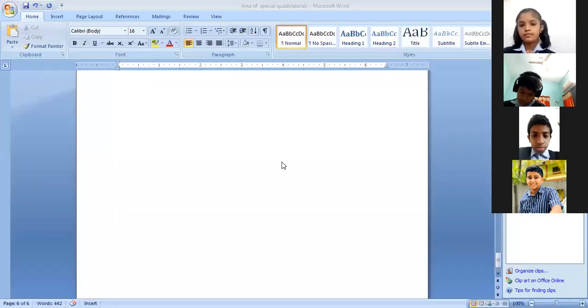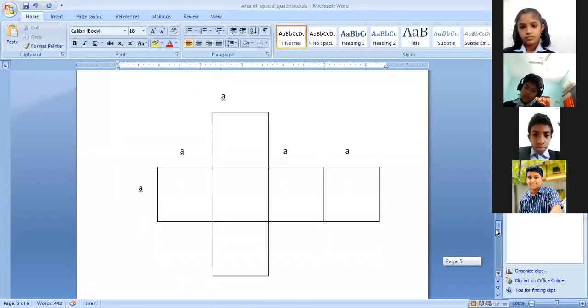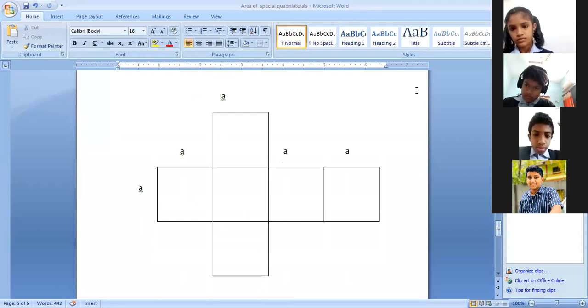In that 5 minutes, let's talk about the cube. We know a cube also has 6 faces. And all the 6 faces are which shape? All the 6 faces are square shape.